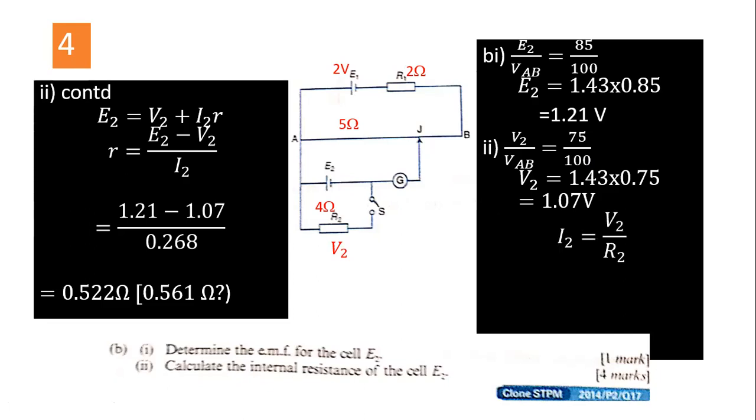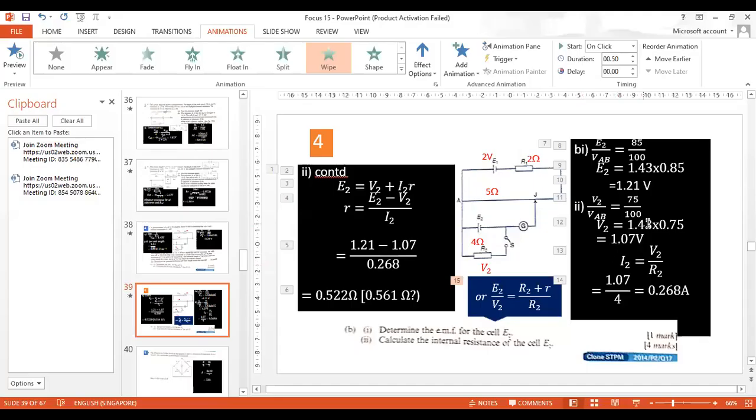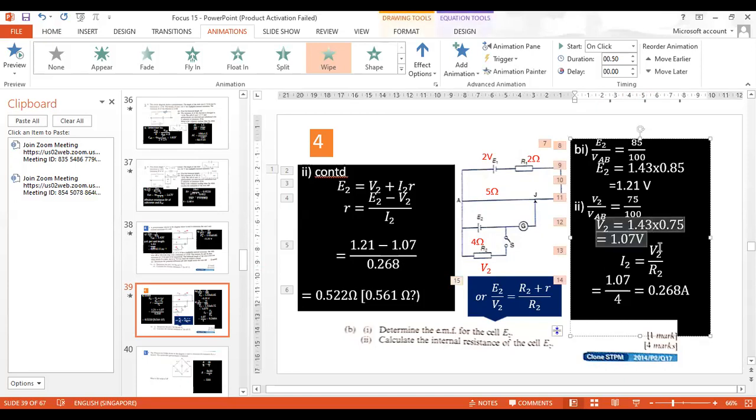Sorry. Can you see the mistake or not? No, sir. Eh, this one should be E2. That's why I got a mistake there. Sorry, 1 to 1. You do the calculation again.